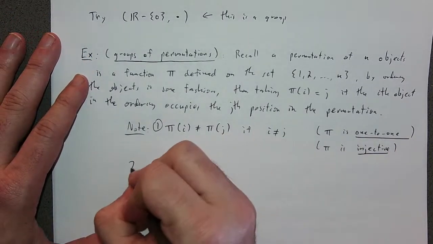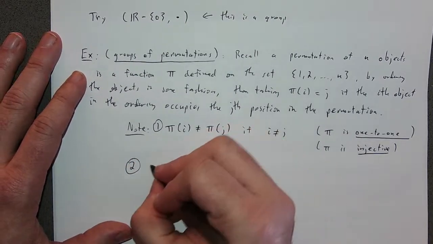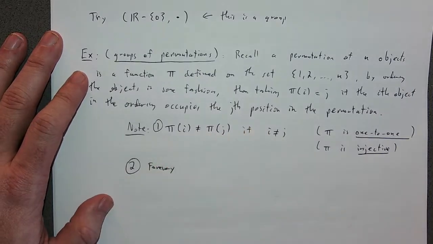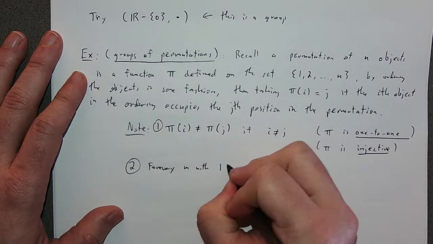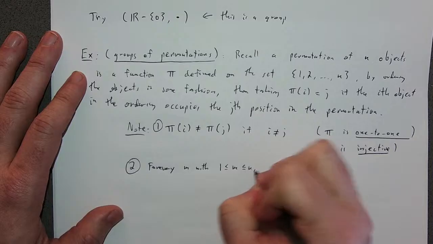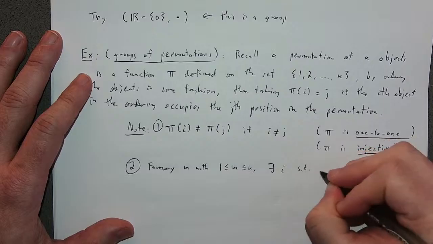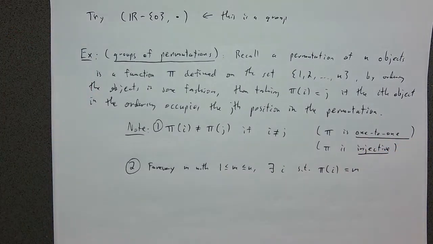There's another property that such a function has, which is that for every m with m between 1 and n, there exists a number i such that pi of i is equal to m. So something gets moved into that position, right? Something gets moved into the mth position.